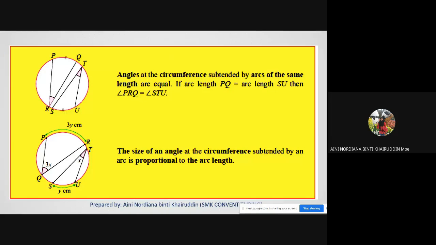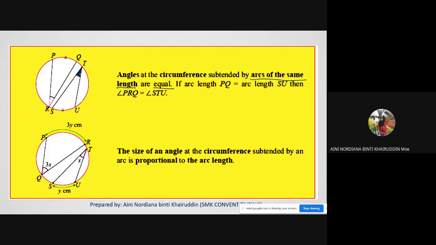Angle at circumference subtended by arcs of the same length are equal. Means even though not from the same arc, but the size of the arcs are equal, then the angles are also equal.